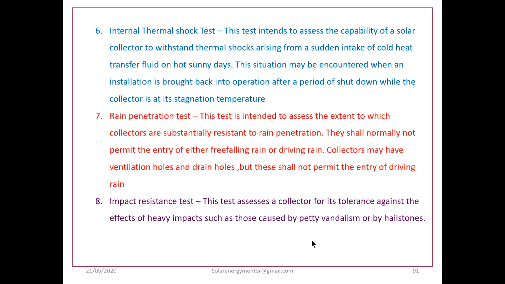Sometimes hailstones also fall with a very great impact on the collector, so it should sustain that impact. So 8 tests are prescribed here.